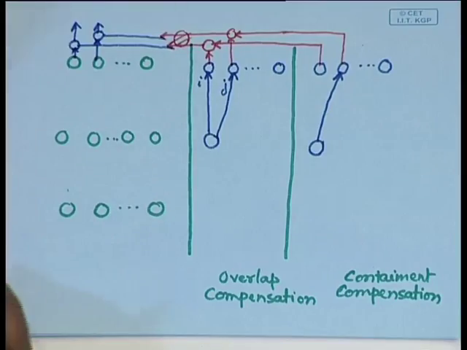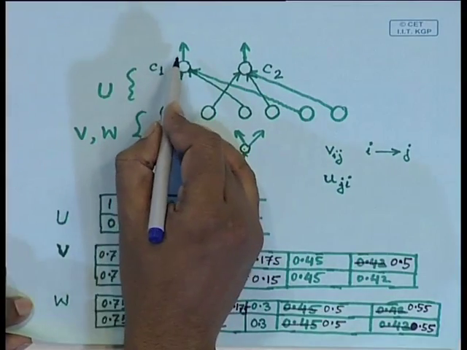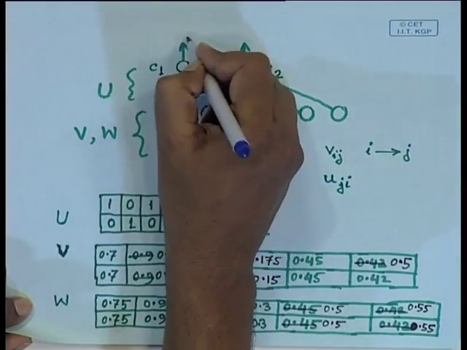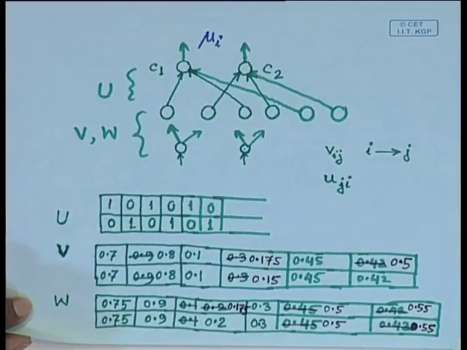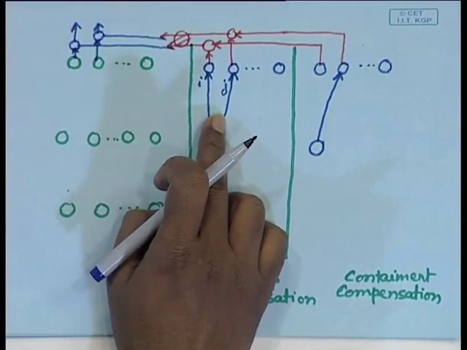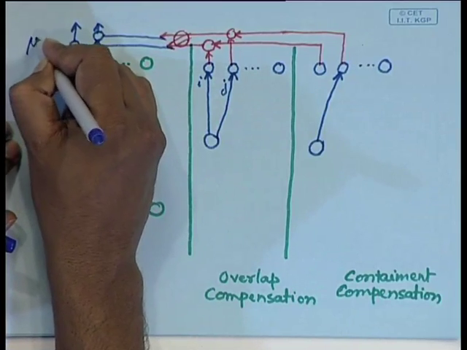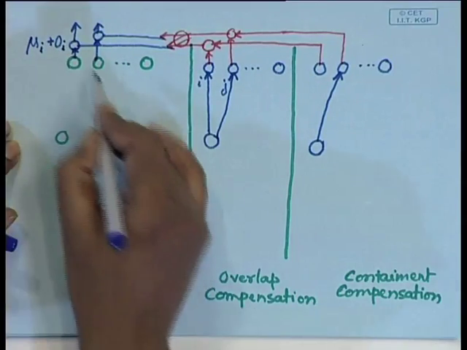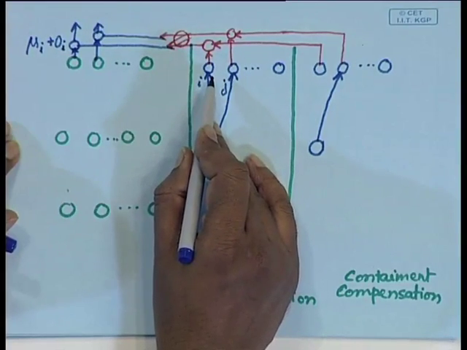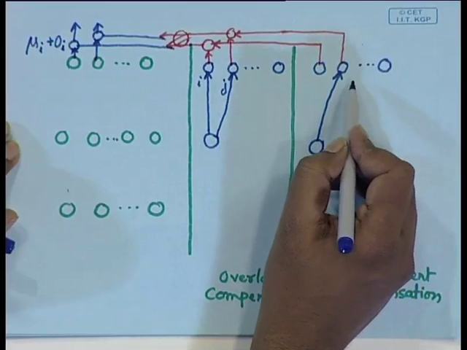Okay. So, you find that in case of this neural network, without any compensation section, if the membership value to a particular class, the ith class, was mu I, in this case the membership value after compensation to the ith class will be mu I plus, let us put it as O I, where O I is the combination of the outputs of the overlap compensation neuron and the containment compensation neuron.